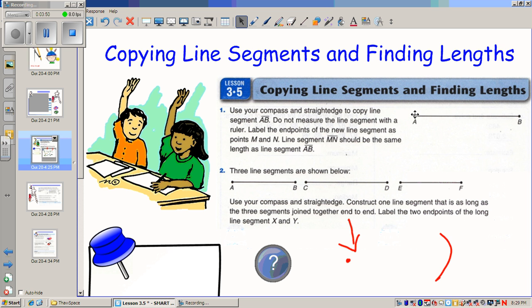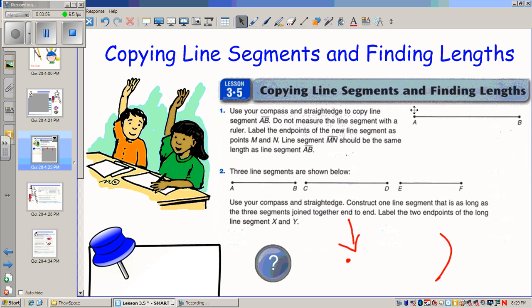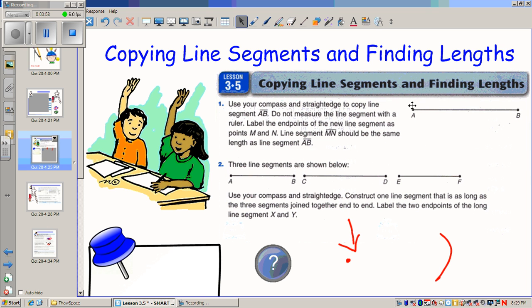So if I start here with my compass, I always put my anchor right here, and this becomes my anchor. Your anchor, again, is the metal pointy part. It always goes on this part right here on A. Then I take my pencil and I set it here and I stretch it to here. And that's how I measure.